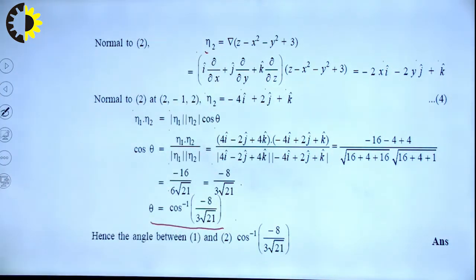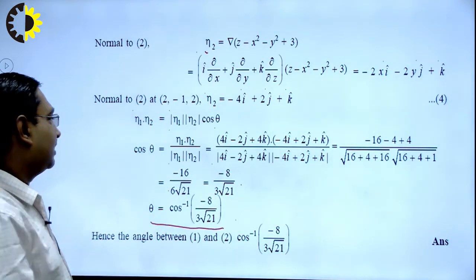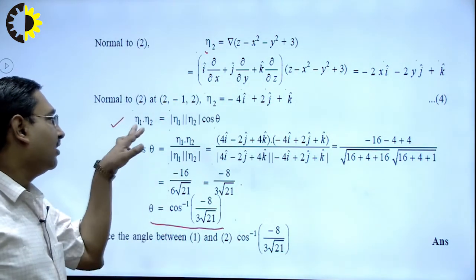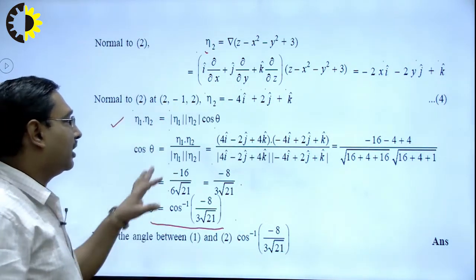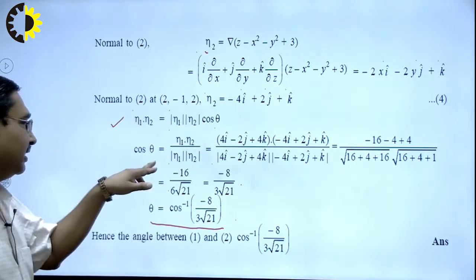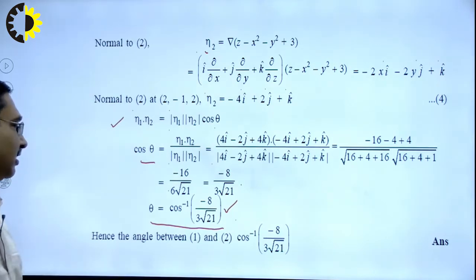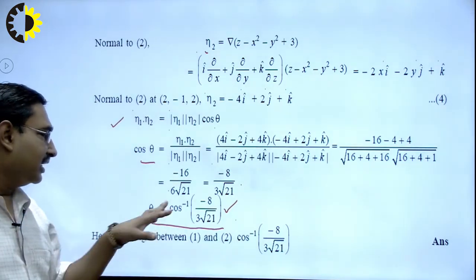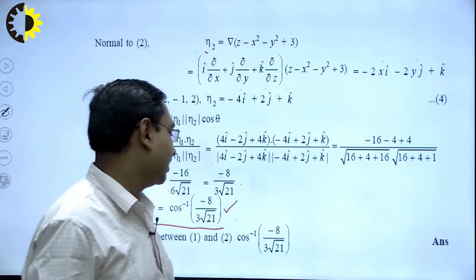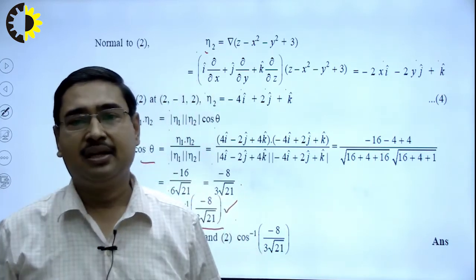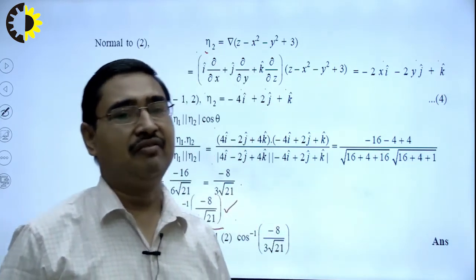Now, the angle between vectors n1 and n2 is given by this relation, n1 dot n2 equals mod n1 mod n2 cos theta, that is cos theta equals minus 8 upon 3 root 21, and it gives theta equals cos inverse minus 8 upon 3 root 21, which is the required angle between the given surfaces.